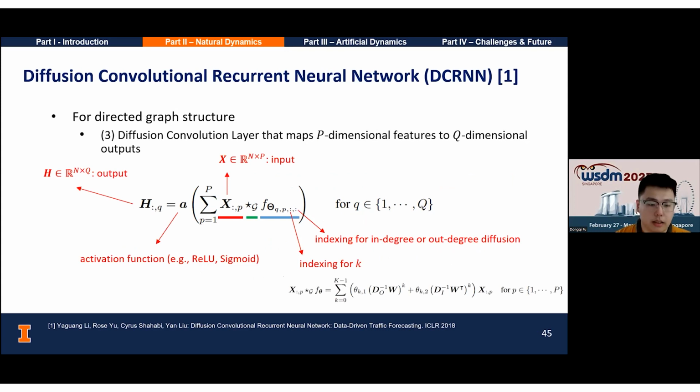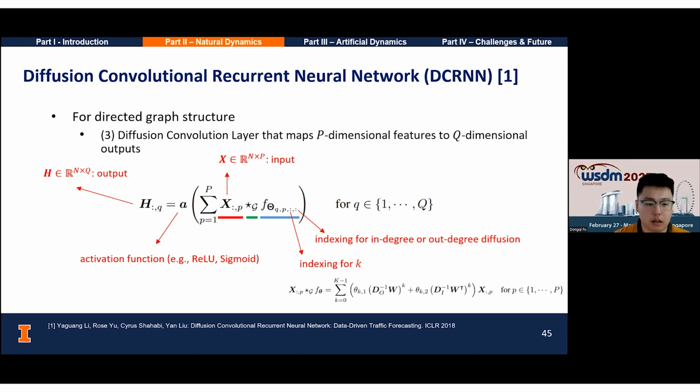Again, let's move from the right to the left. We have f theta with indices q, p, comma, comma, which is the parameter here. The last comma is the index for the in-degree or out-degree diffusion, which means 1 or 2.